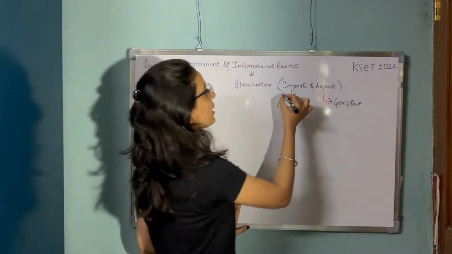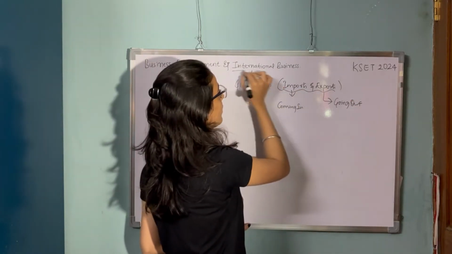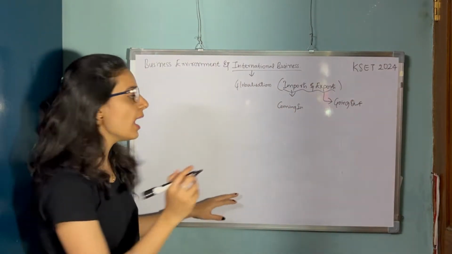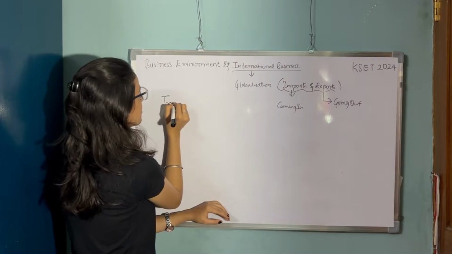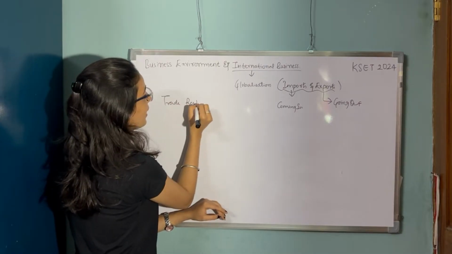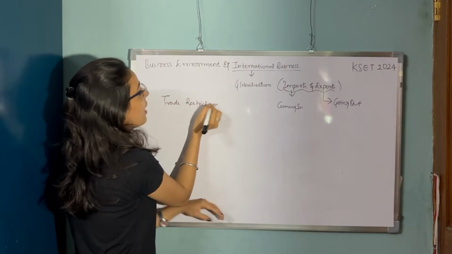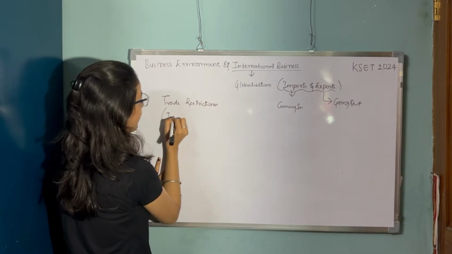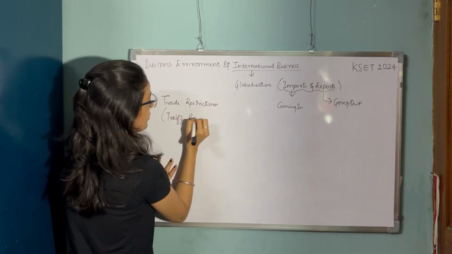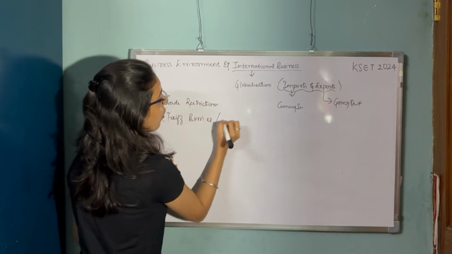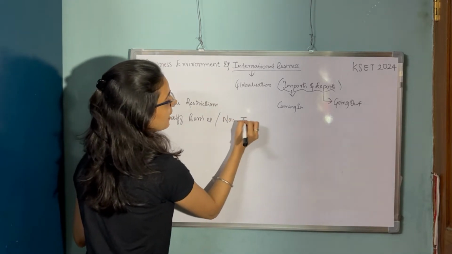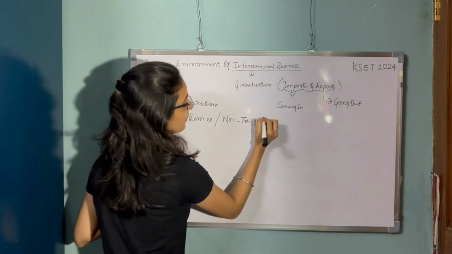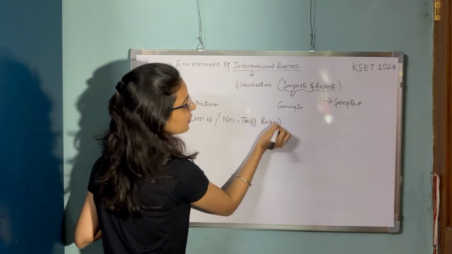Now, when we are importing and exporting, or when we are into international business, there are certain trade restrictions. They are termed as tariff barriers or non-tariff barriers. So barriers is nothing but some hurdles, right?